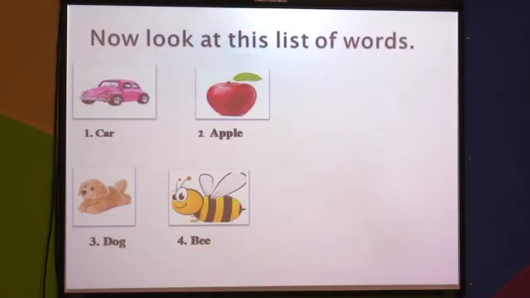Now look at this list of words. Here you can see the pictures: car, apple, dog and bee.